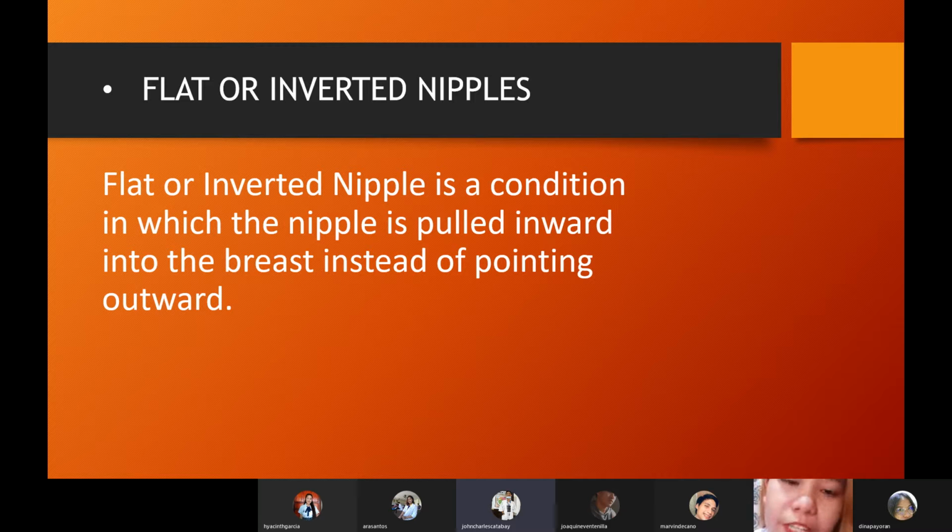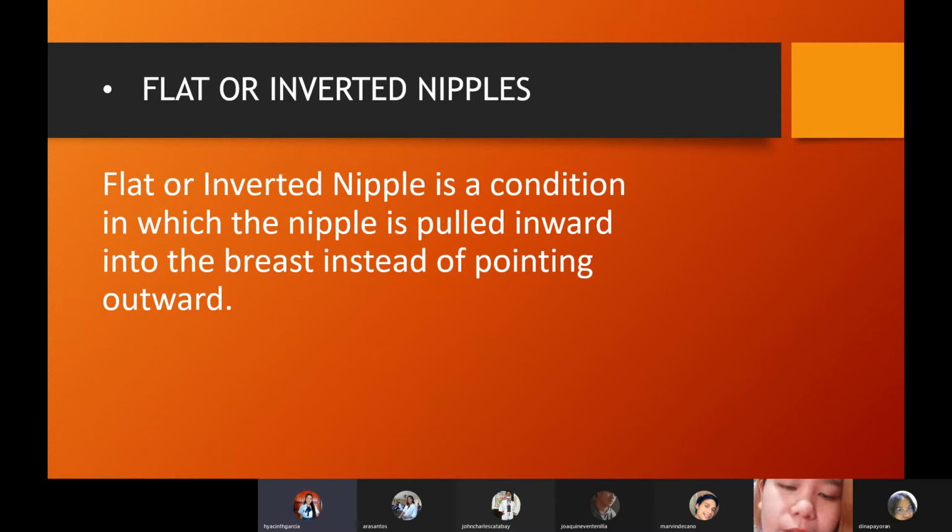I can't read the next problem. Yes, ma'am.